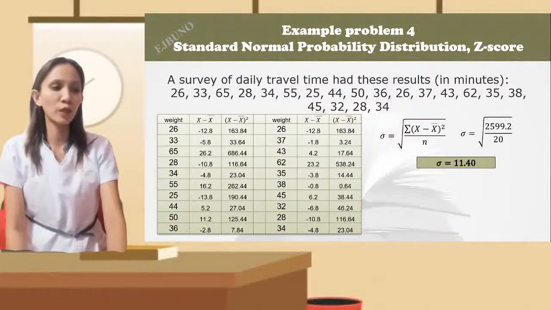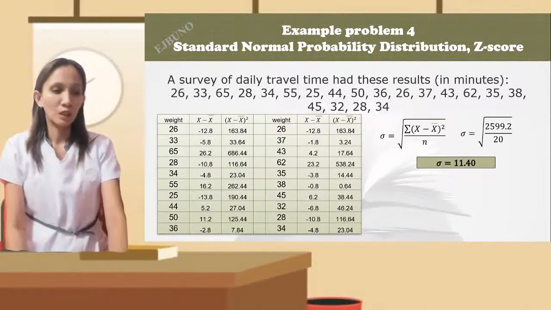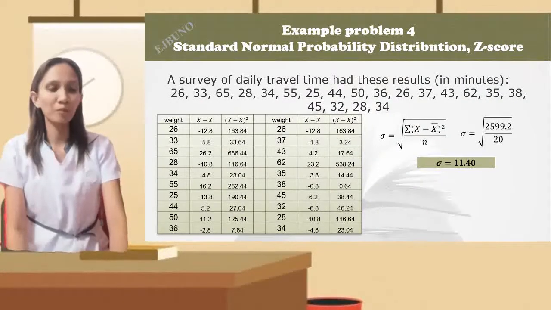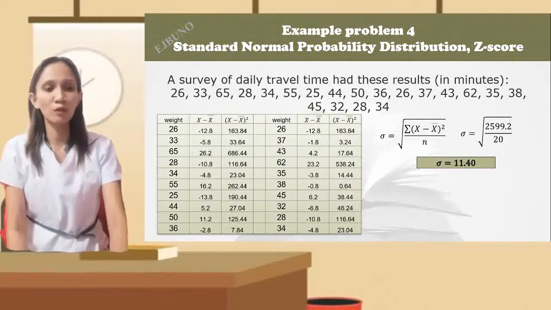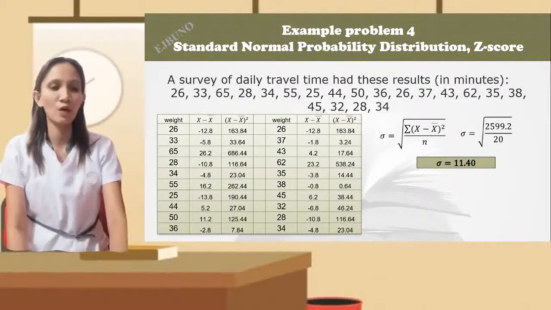The square of x minus the mean is equal to 163.84. Then solve for the summation of all the squares of x minus the mean. Our standard deviation is the square root of 2,599.2 over 20, so our standard deviation is 11.40 or 11.4.